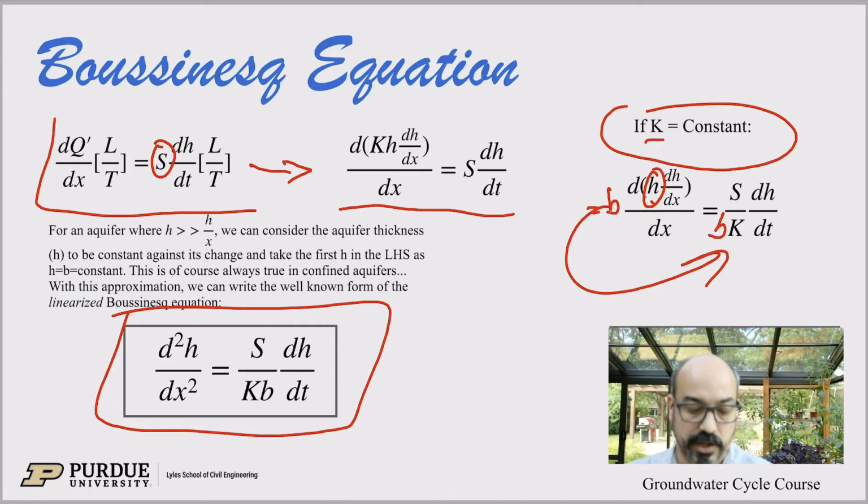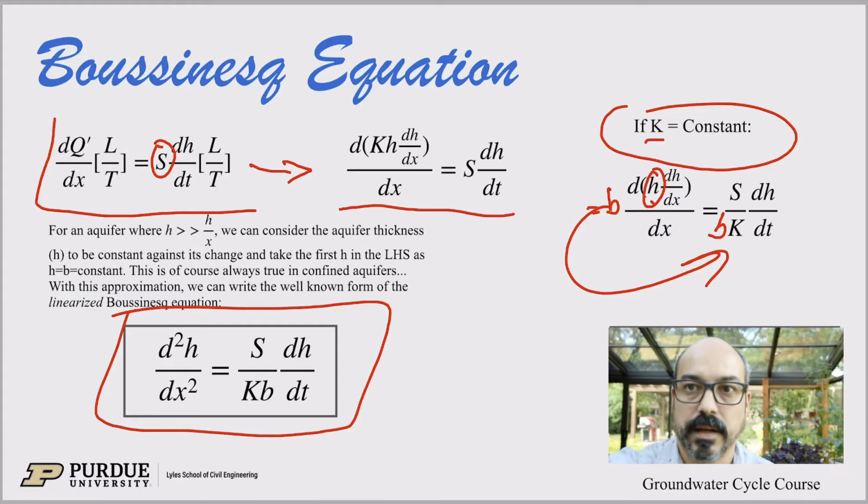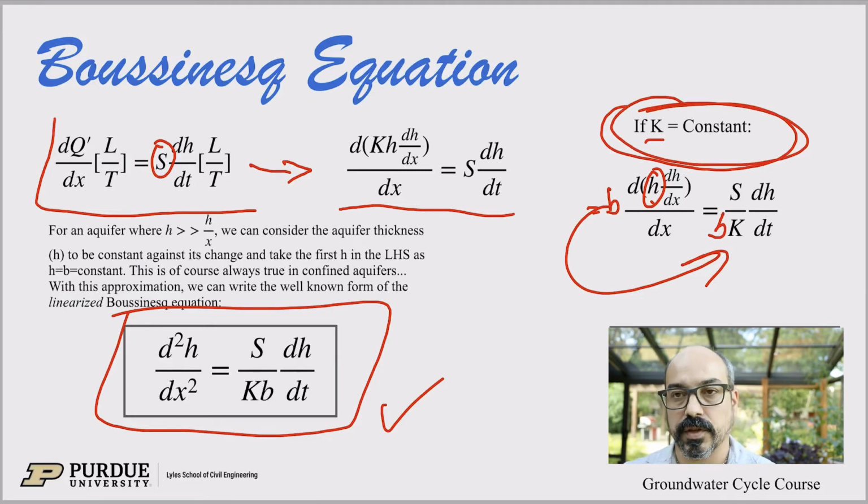So d squared h over dx squared equals S over kb dh dt. Okay, so now we have a much simpler integral, and that's basically the Boussinesq equation for a homogeneous aquifer, so for k constant, for something that doesn't have changes in k, and also assuming that h is constant so that we can throw this on the other side.